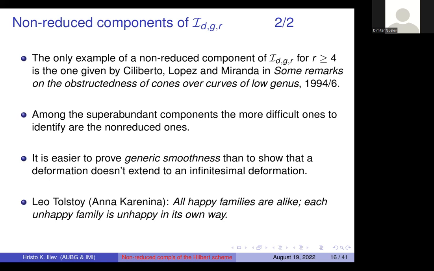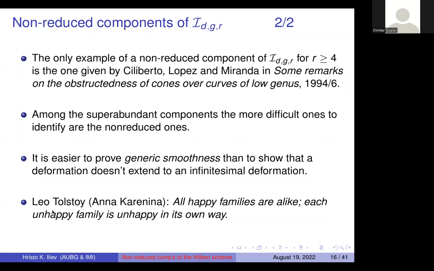With the non-reduced components, the situation is that the dimension of the tangent space must be bigger than the dimension of the family, but one is never sure, or a priori at least, whether there isn't another family which properly contains the given one, and in this way it could possibly be a generically smooth component that properly contains the family of curves.